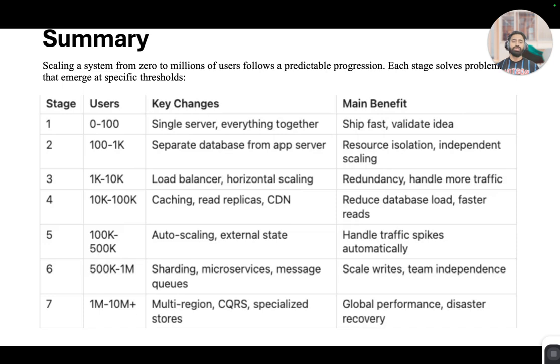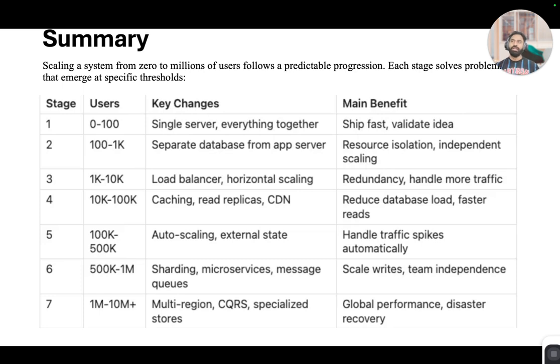And when your users become 500,000 to 1 million, you can go with sharding. Before sharding, try the different approaches I explained, like indexing and query optimization. If those do not help, then go with sharding, and then a microservice approach, or maybe a messaging queue, that is, asynchronous processing.